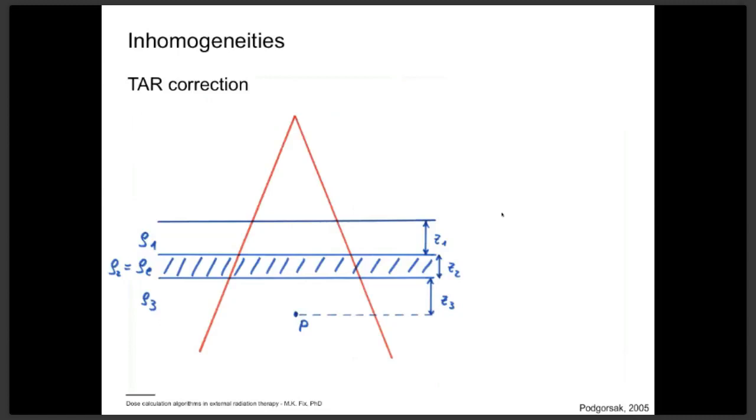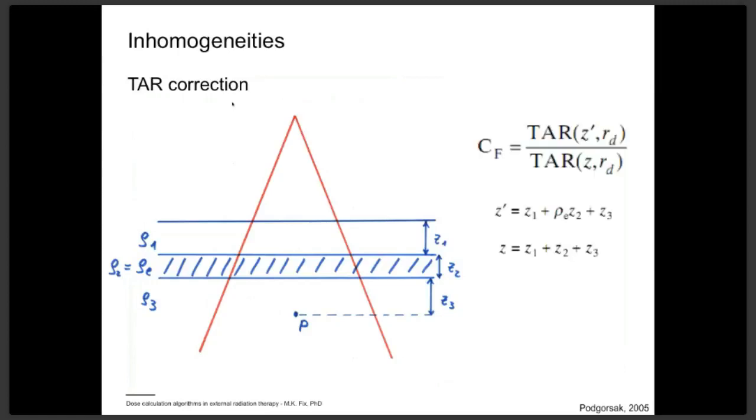So the second one, it's illustrated in this sketch. You have a layer of water and a layer of heterogeneity and water again, and you are interested in this point P. They have different thicknesses of the layer, and the tissue air ratio correction is now very similar to the PDD correction.